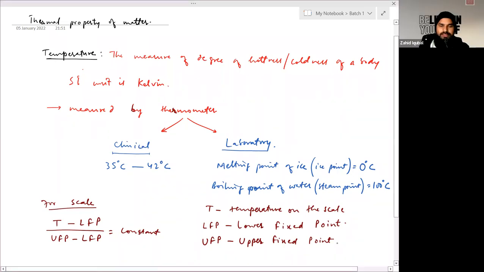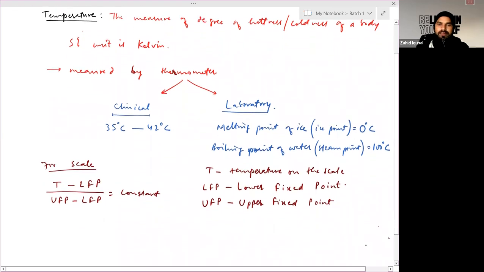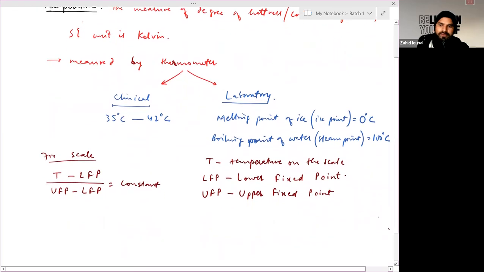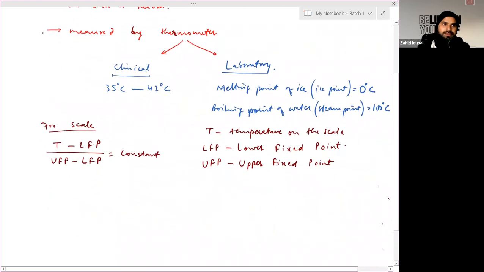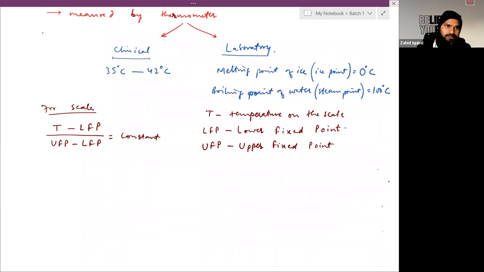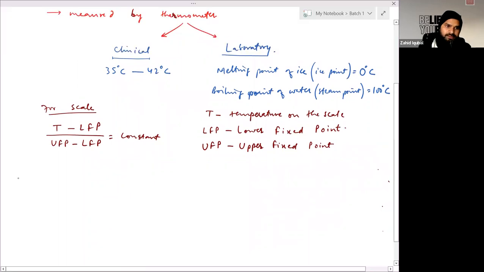Okay, related to this formula, if you have to calculate or define a scale like Celsius, Kelvin, Fahrenheit, or any different scale, it will be temperature on the scale.